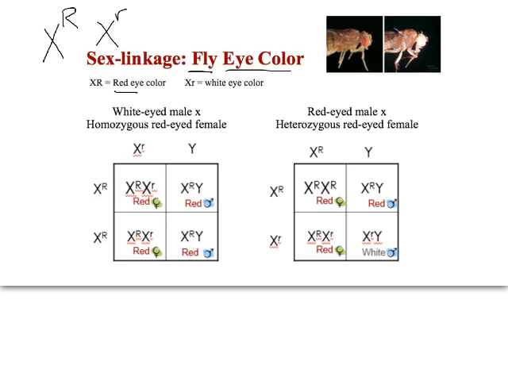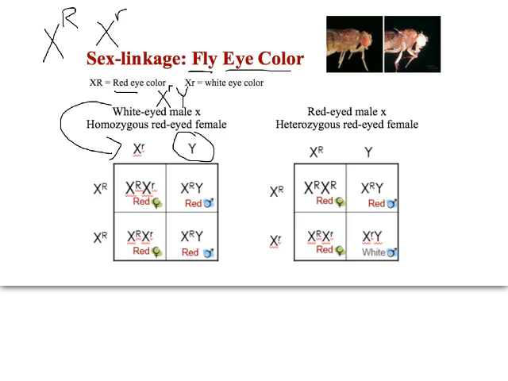So I've also got a couple of crosses. If I have a white-eyed male, well, males, we know, are XY. And if they're white-eyed, that means this male must have the lowercase r, the recessive allele. So the gametes of this white-eyed male can donate to its offspring either X with superscript r, or Y. We don't put the trait on the Y chromosome because the Y and X chromosomes carry different traits.